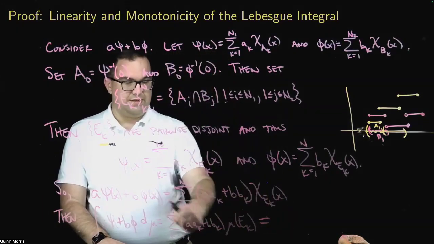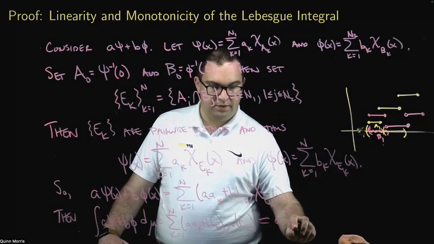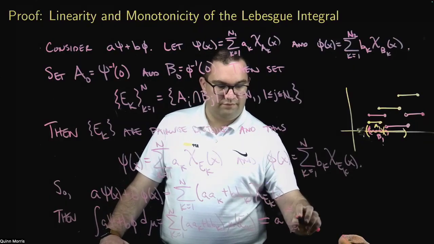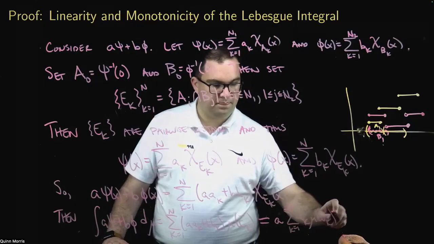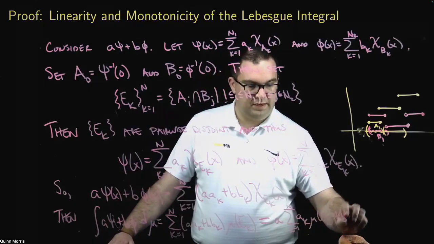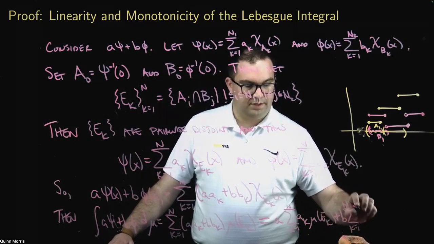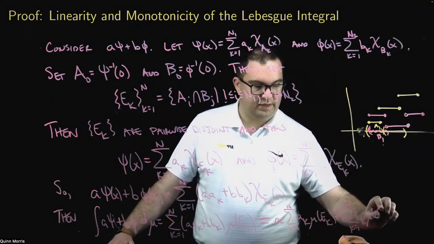But now this is a finite sum. We can do some rearrangement to get that this is equal to a times the sum k equals 1 up to capital N of AK, measure of EK, plus b times the sum k equals 1 up to capital N of BK, measure of EK.